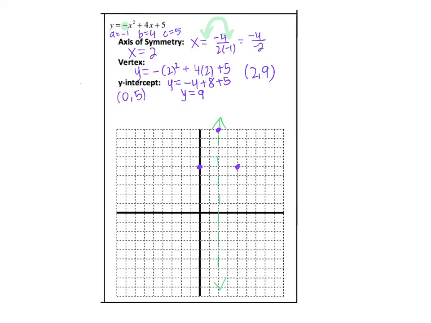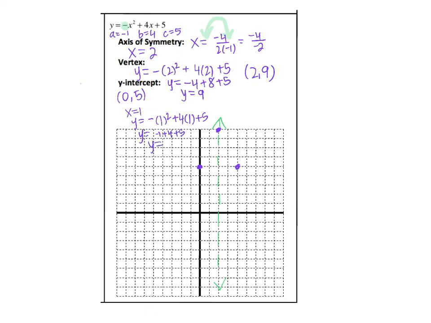And then I'm going to pick an x value that's close to that axis of symmetry. So I'm going to look at x equals 1 and plug that into my equation. I have y equals the opposite of 1 squared plus 4 times 1 plus 5. So my y is equal to the opposite of 1 squared, so that's negative 1 plus 4 plus 5.